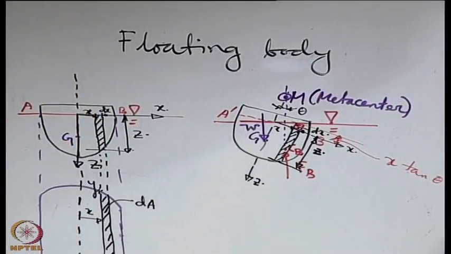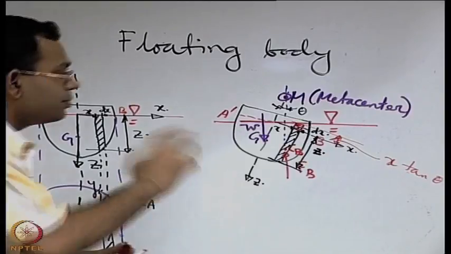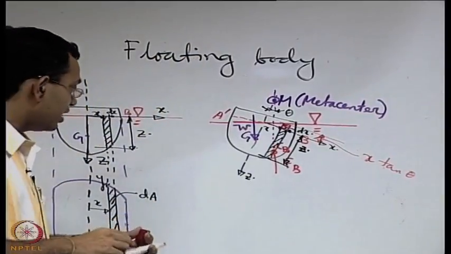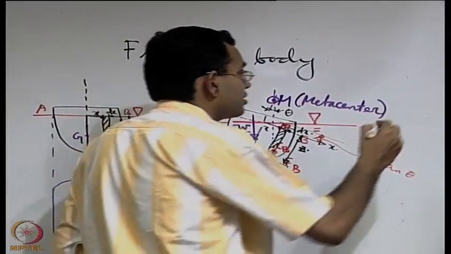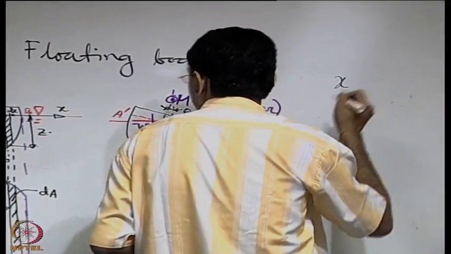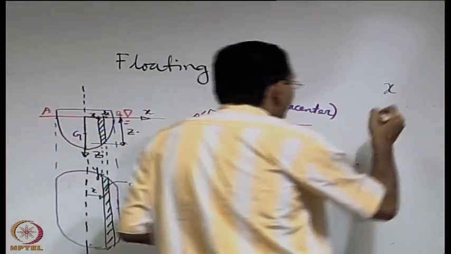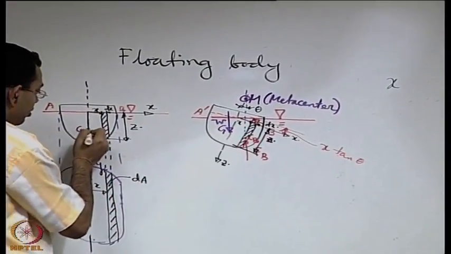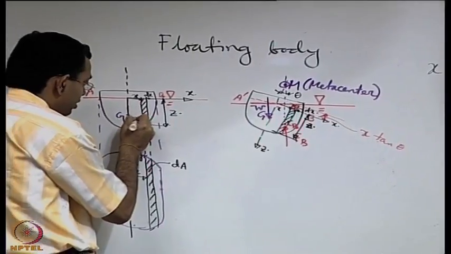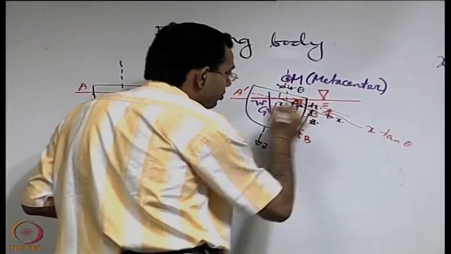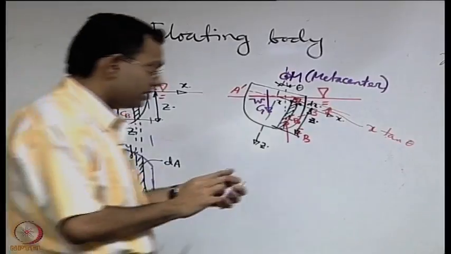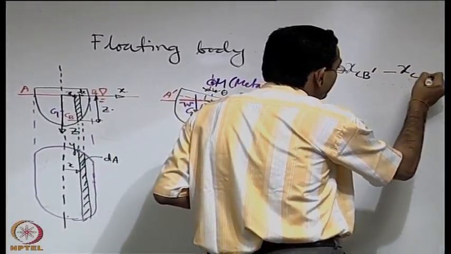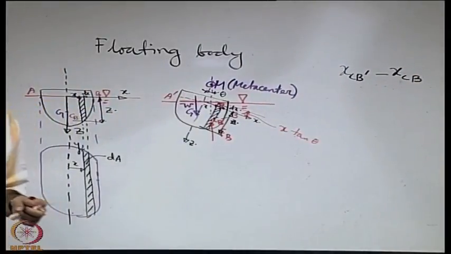So if we calculate the displacement in the centroid of the displaced volume, that is the difference between the x coordinate of the original center of buoyancy, let us give it a name, say CB, and now the new center of buoyancy is CB prime. So the difference in x coordinate of CB prime and CB, that is what we are interested to find out.